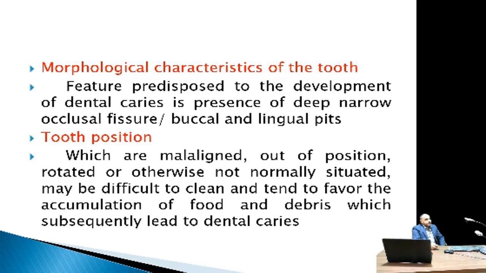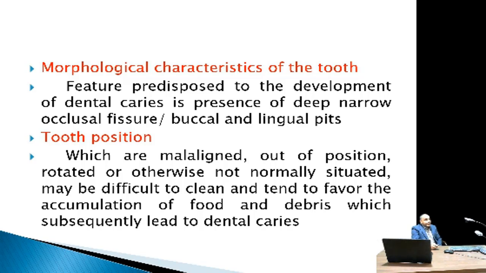Tooth position. The position of the tooth also has an effect on the formation of dental caries. Teeth that are malaligned, out of position, rotated or otherwise not normally situated may be difficult to clean and tend to favor the accumulation of food and debris, which subsequently leads to dental caries.